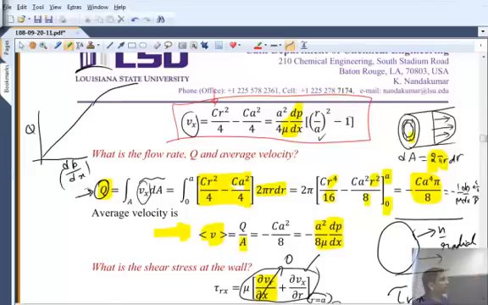But the expressions that we have for the velocity profile and the flow rate are all independent of Reynolds number. Okay? And there is nothing in the development we have done that says it is not valid for high Reynolds number. So in principle, this velocity profile should be valid for all Reynolds number, no matter how large it is.